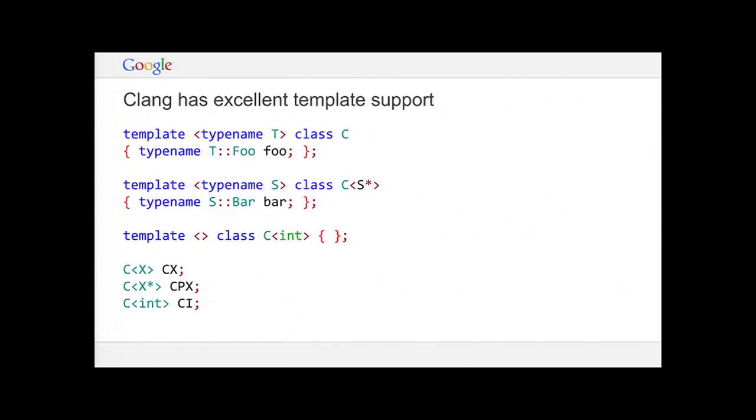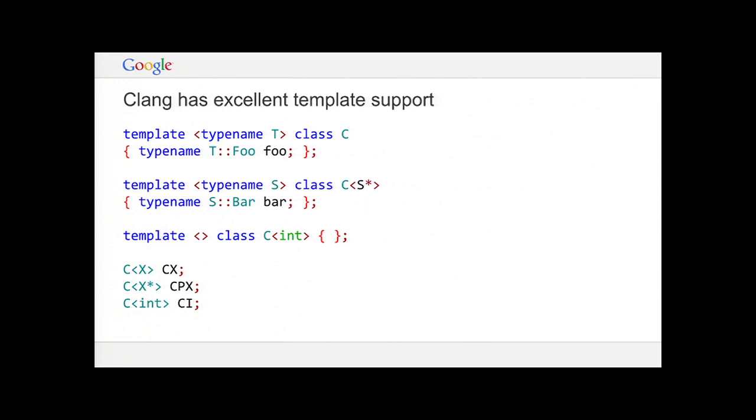Clang's semantic analysis is done extremely well. It has excellent template support. If you've ever had a template error from Clang, you really start to like it a lot compared to what happened before. So Clang does this by storing more information than what's actually strictly necessary to compile C++, right?